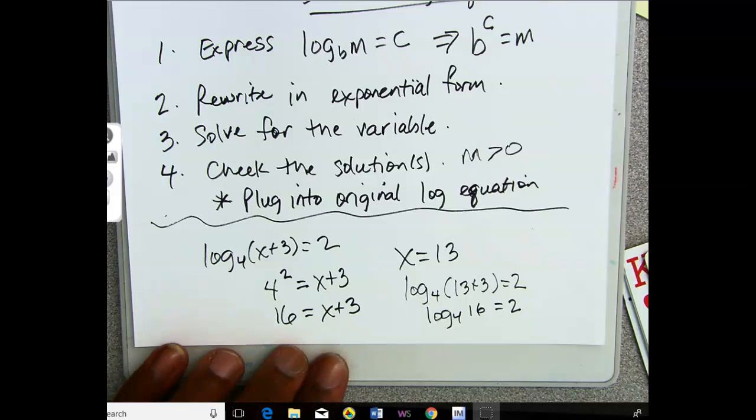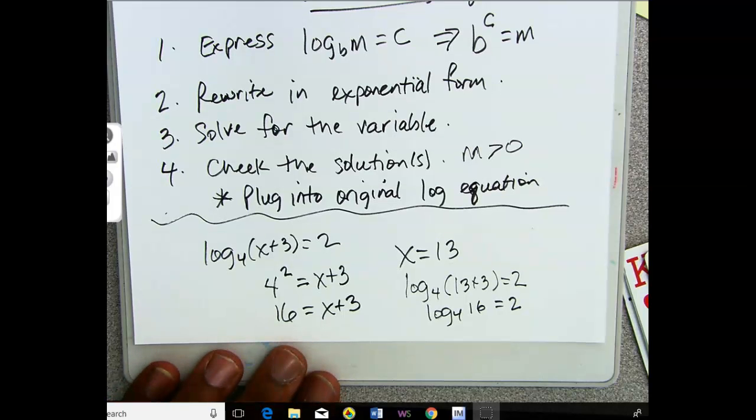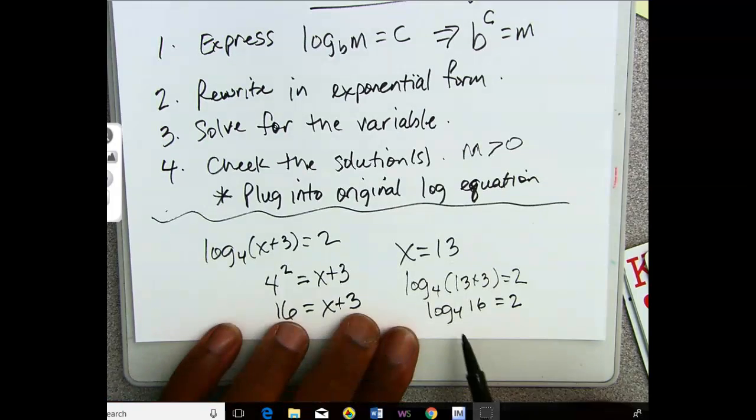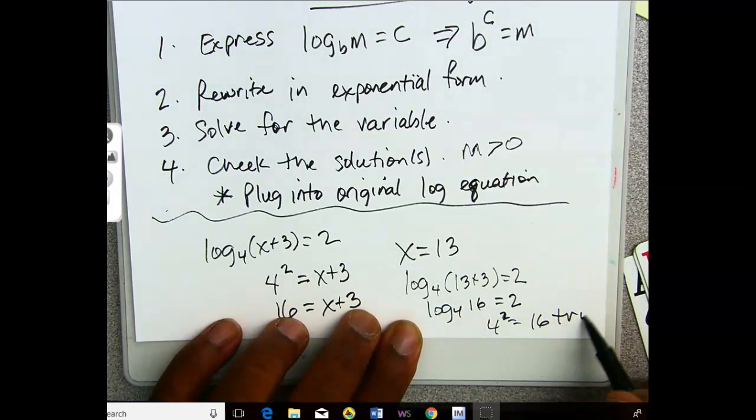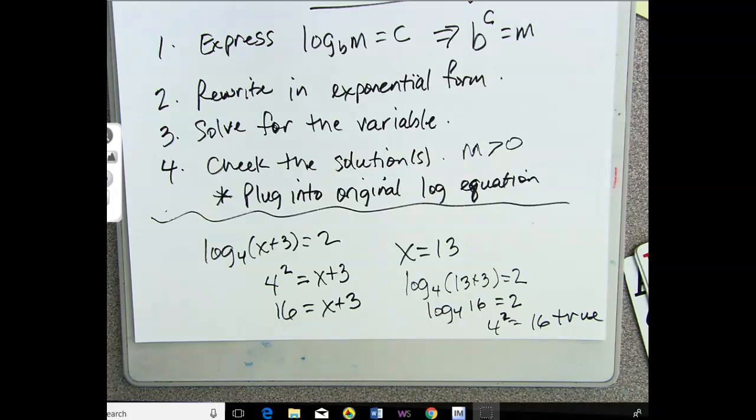Is that a true statement? Yes. How do you know? Because 4 to the second power is 16. Okay, so that's true. So we do have a valid solution there. All right, now this next one, I want you guys to try on your own.